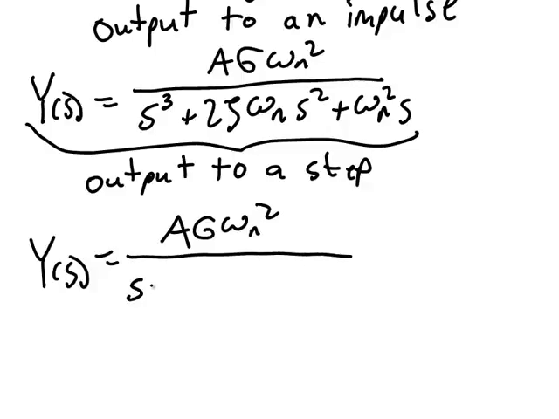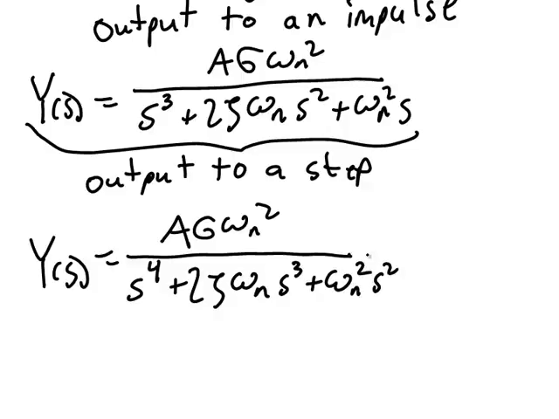So down here in the denominator, we would have s to the 4th. And this would tell us the output to a ramp.